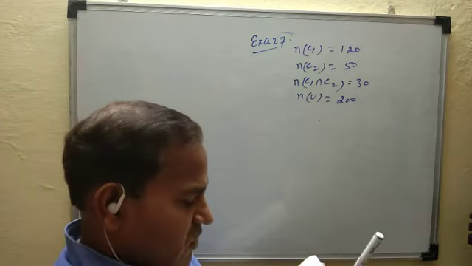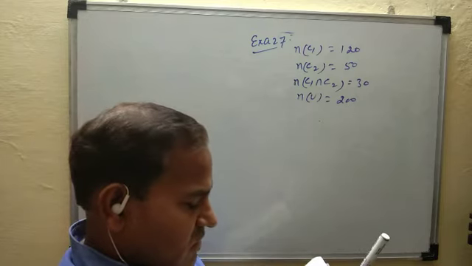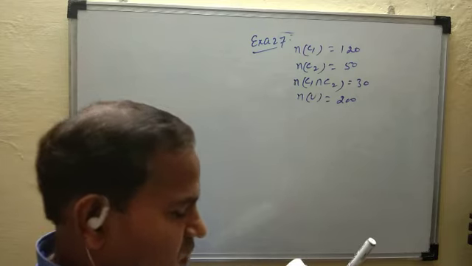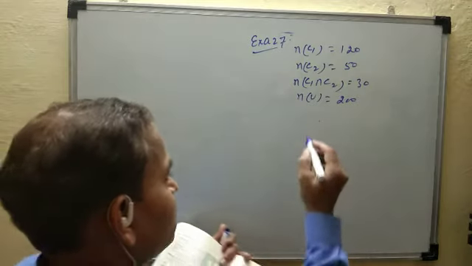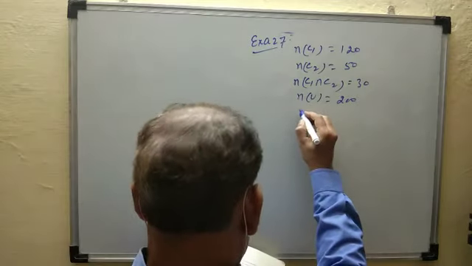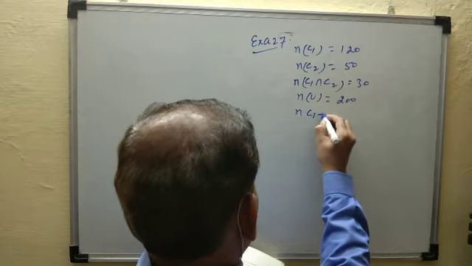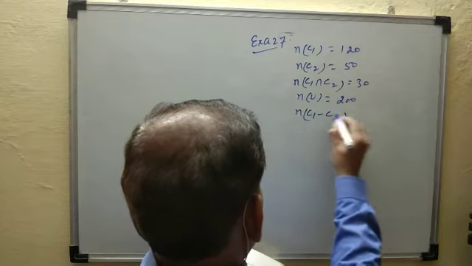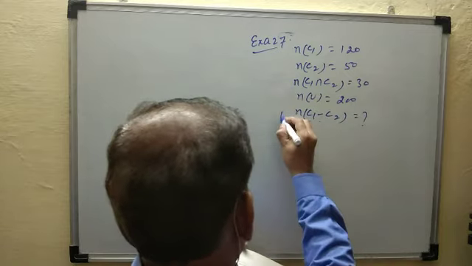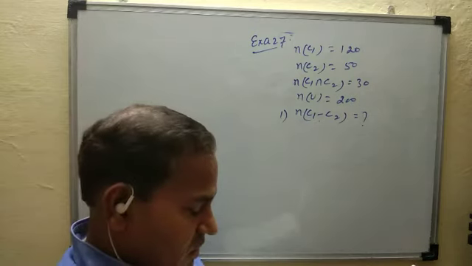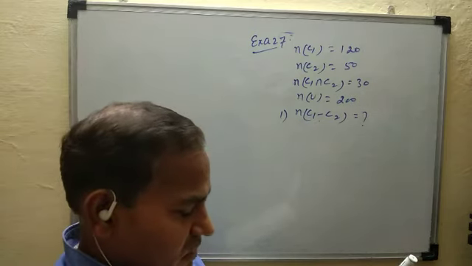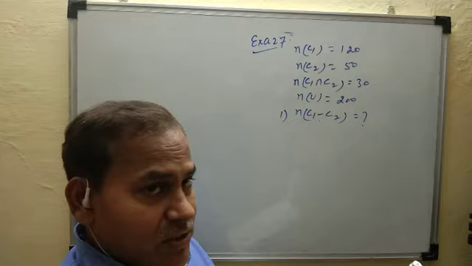Find the number of individuals exposed to chemical C1 but not chemical C2. That is, find the number of C1 minus C2.